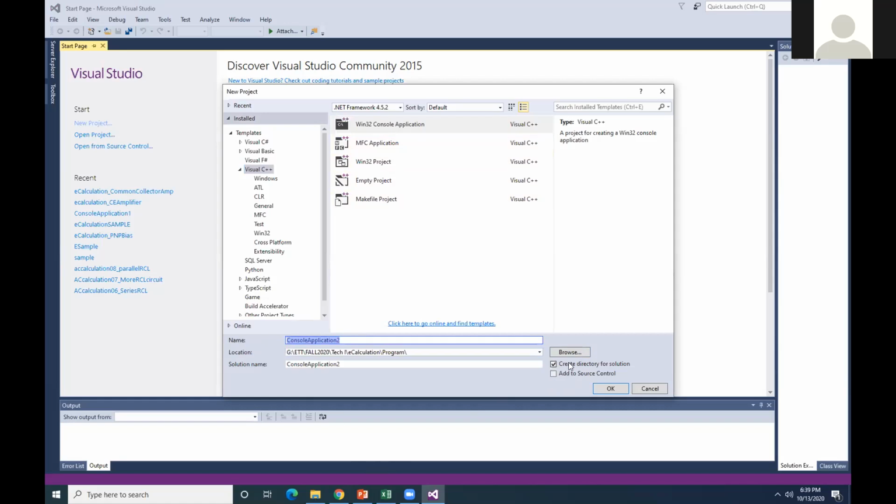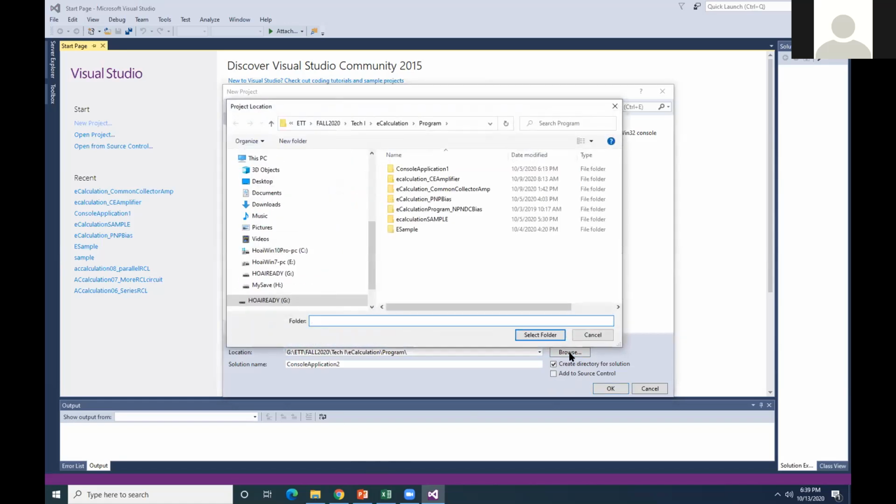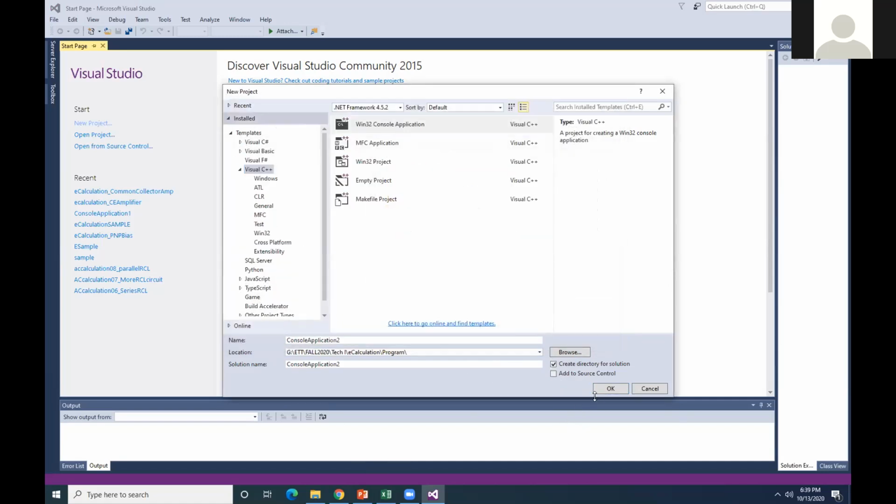And now also make sure you browse here. That tells you where you want this project to be saved on your computer. If you know somewhere, then you just select folder. Then you can say okay.